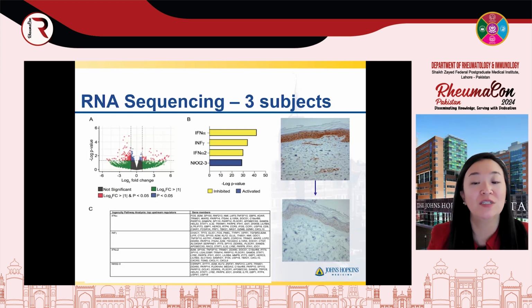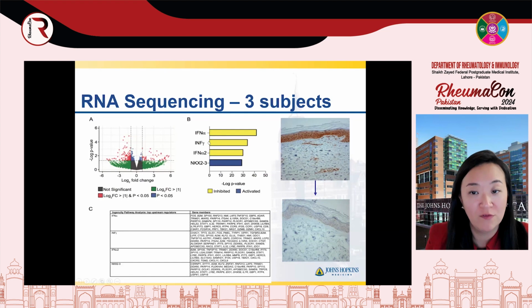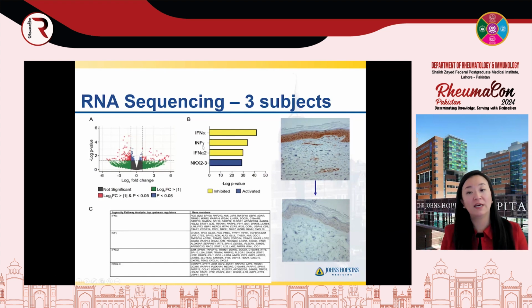You can see, especially in the skin of these patients, we already showed you the immunohistochemistry, the stain decreased. And also here, you can see the most highly inhibited interferons were type 1 interferons and type 2 interferons, which was quite interesting and also confirmed what we thought. But we didn't expect that this would be almost a log-fold, 40-fold change. So this was quite striking for us to see.